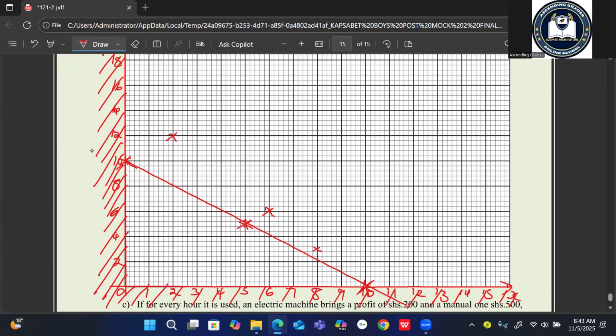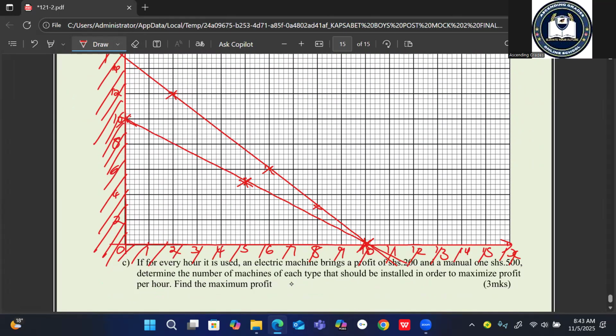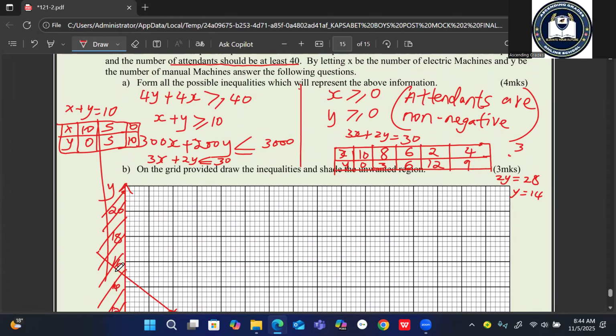So we can plot those ones. It's there. So we have already plotted them. So we can now go to the shading.